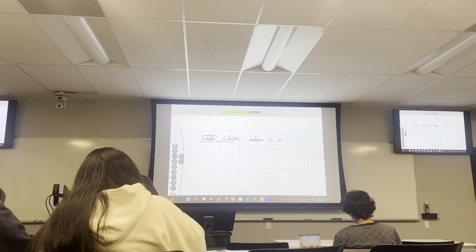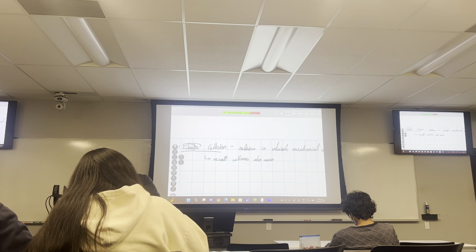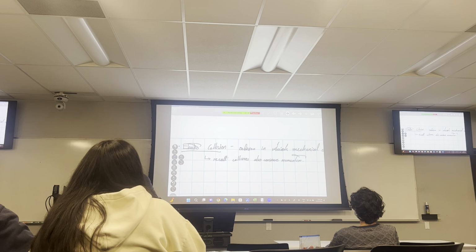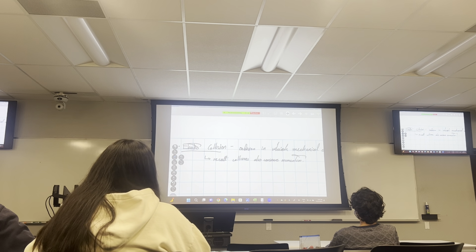So recall, collisions also conserve momentum as well. So an elastic collision conserves both momentum and mechanical energy.